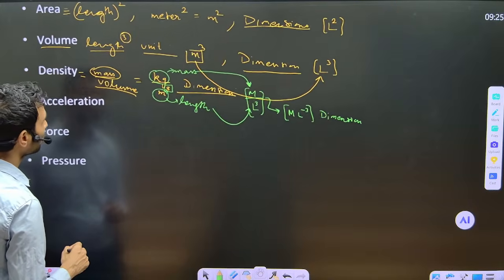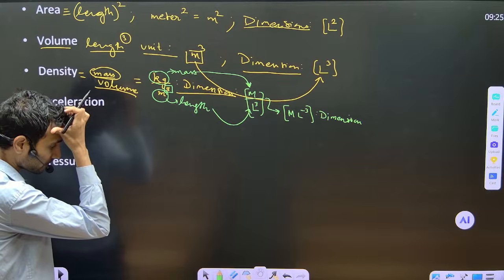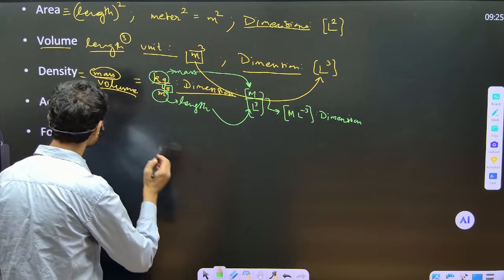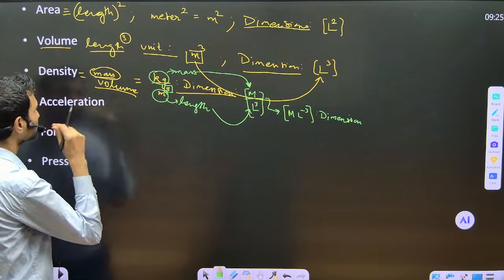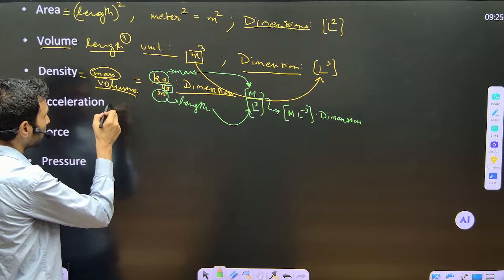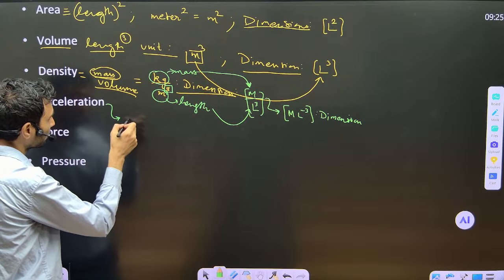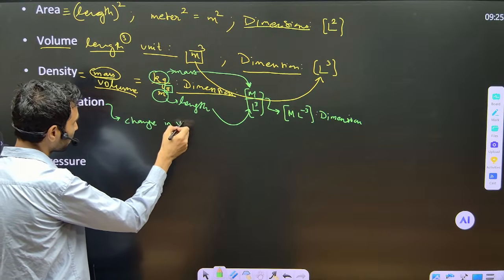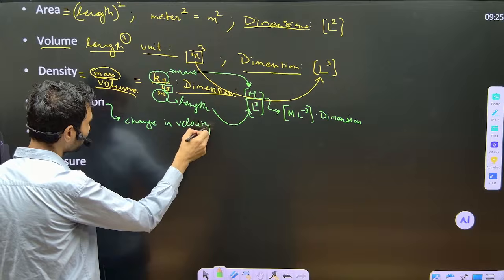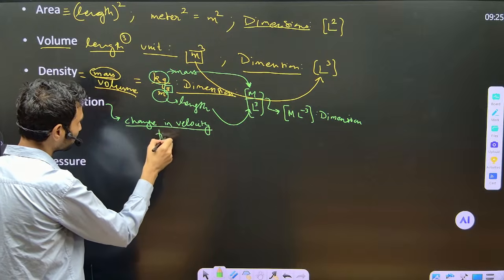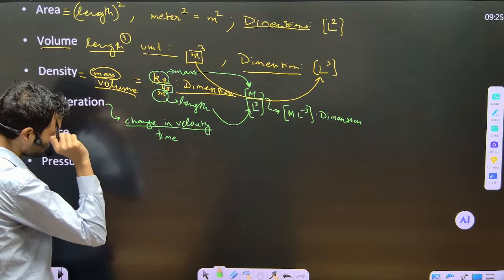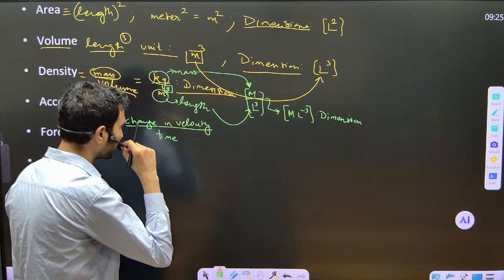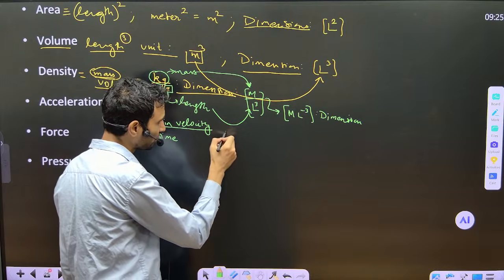So now let's talk about acceleration. Acceleration is change in velocity divided by time. So change in velocity unit will be what?